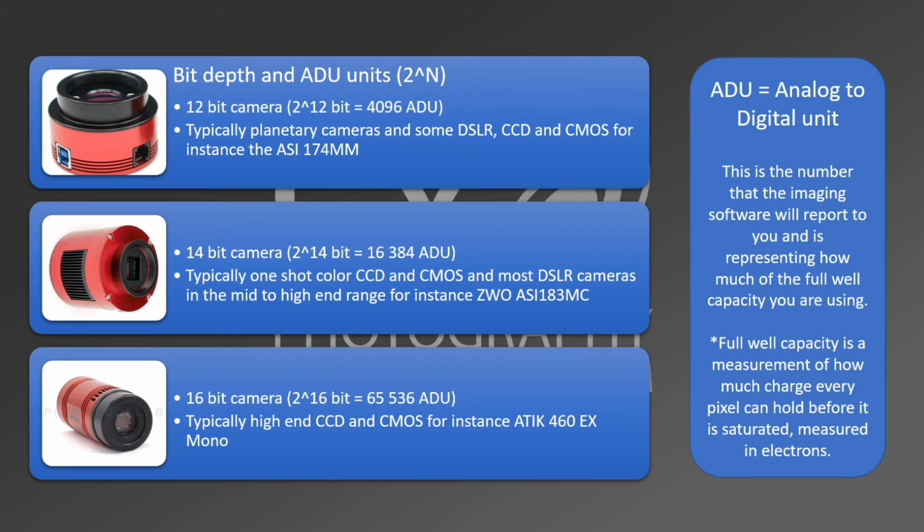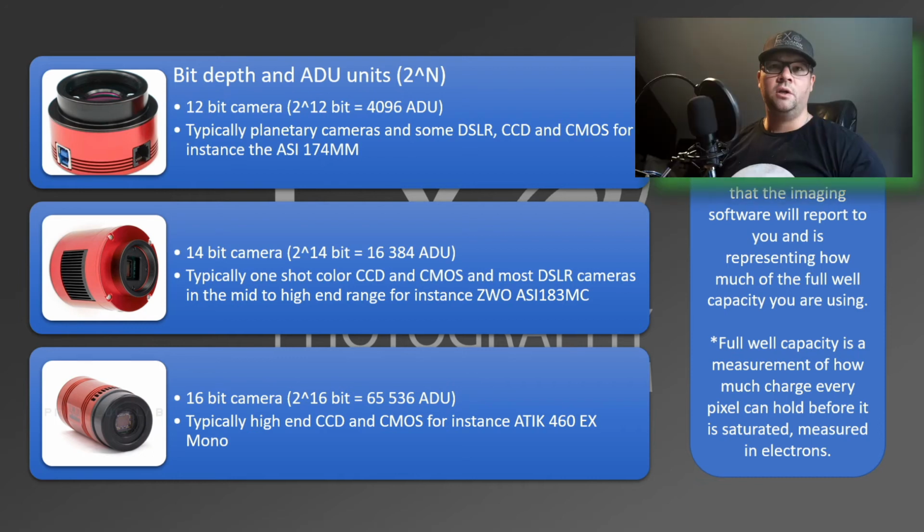It's a number which all imaging software is showing you, which is representing how much of the full well capacity of the camera you are using. So what is full well capacity? Well, that is a measurement of how many electrons, how much charge each pixel on the camera chip can hold.